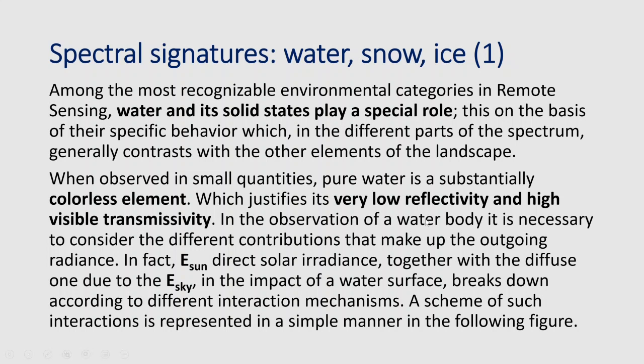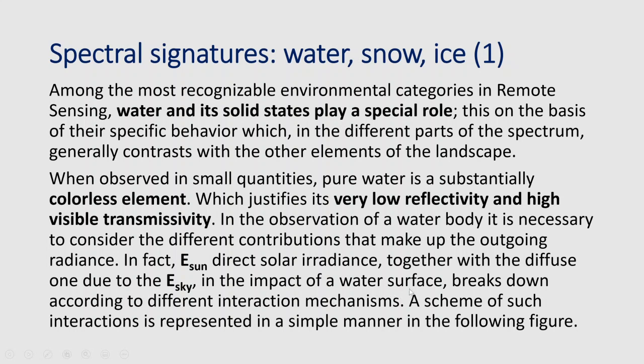In fact, the irradiance coming from the sun together with the diffuse one due to the irradiance coming from the sky, for a very clear sky, we have, of course, the Rayleigh scattering or the selective scattering. So we have also a reflection that is coming from the sky itself in the impact of a water surface.